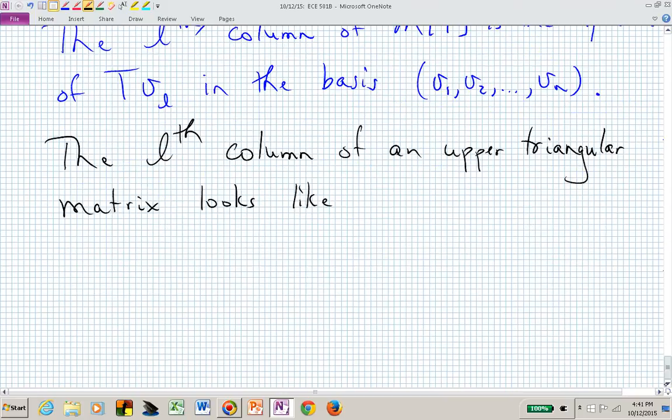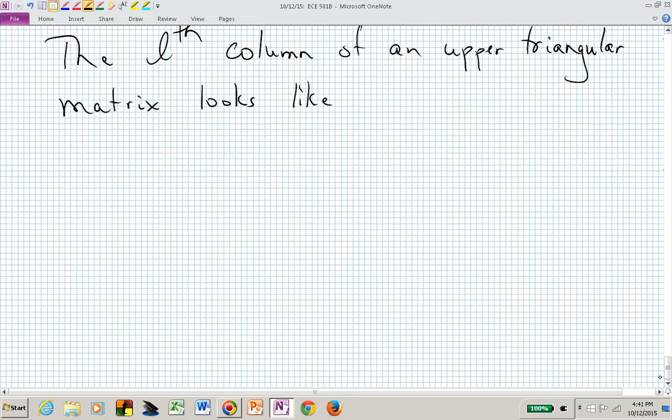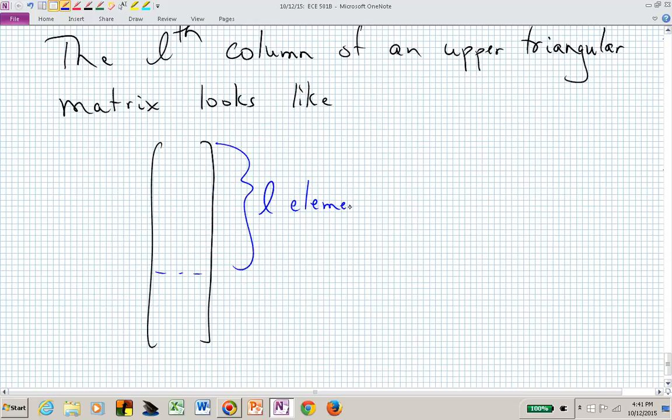If I said, okay, you have an upper triangular matrix, extract the nth column of that, what does that look like? Let's say that here are the top L elements. This is the nth column, and here are the n minus L elements.